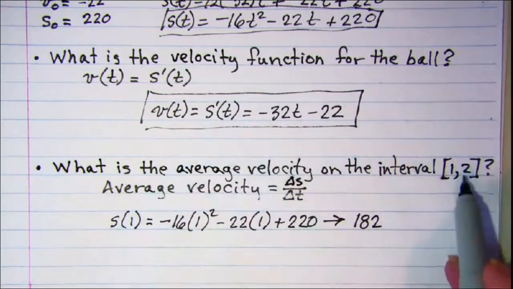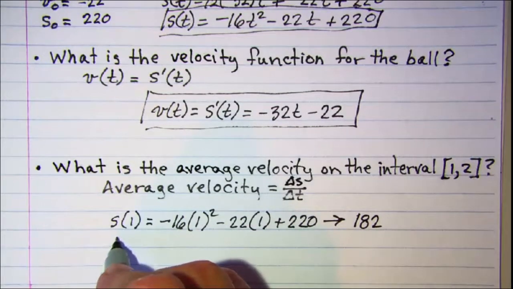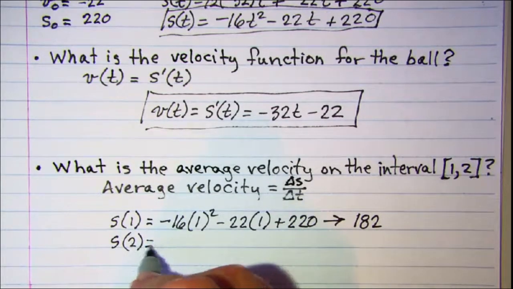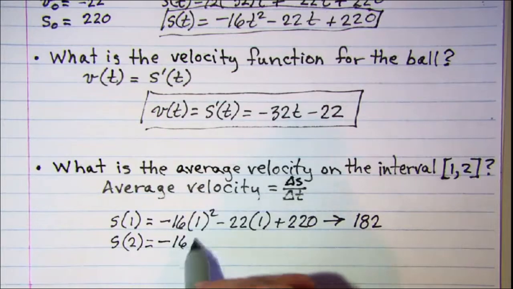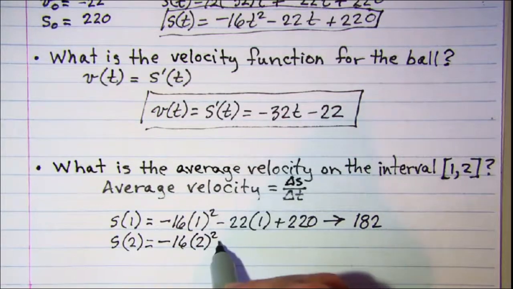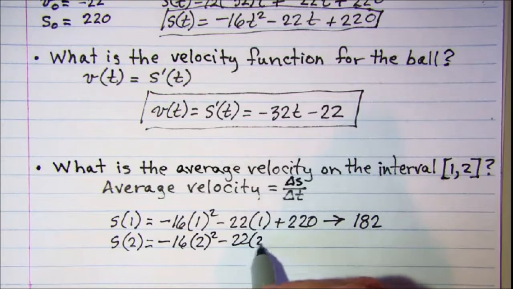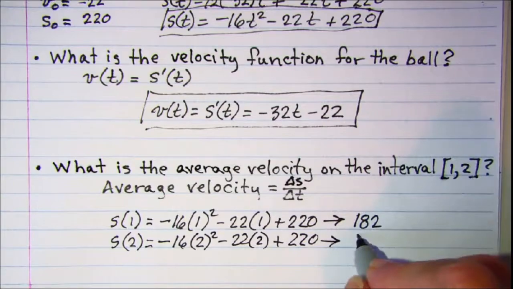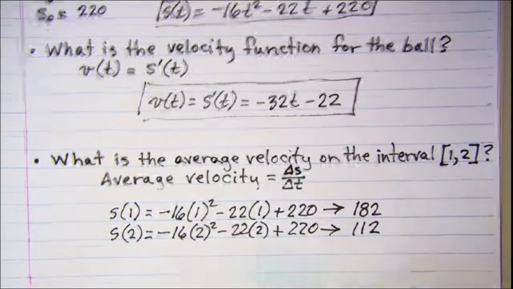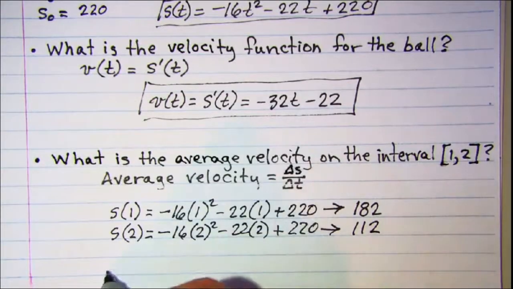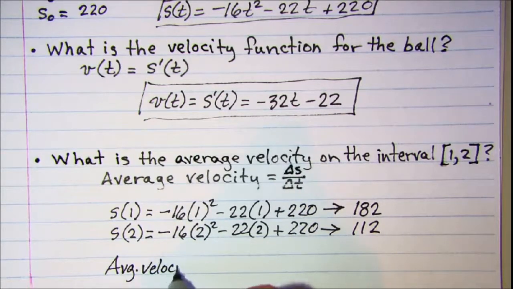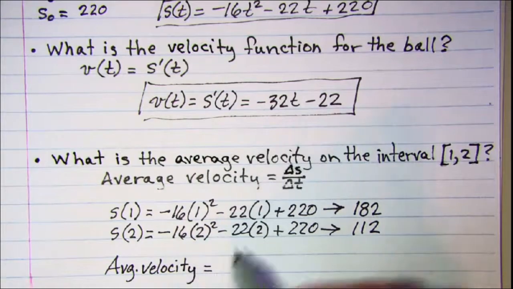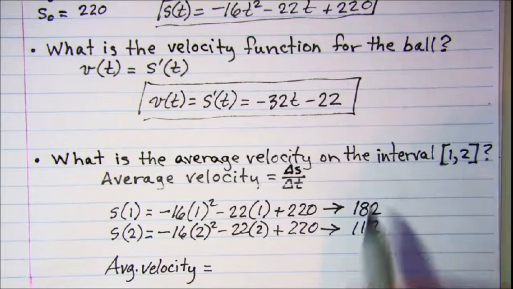And then we need the position at 2 seconds, which will be a negative 16 times 2 squared minus 22 times 2 plus 220, and that is 112. So our average velocity is going to be then 112 subtract 182.